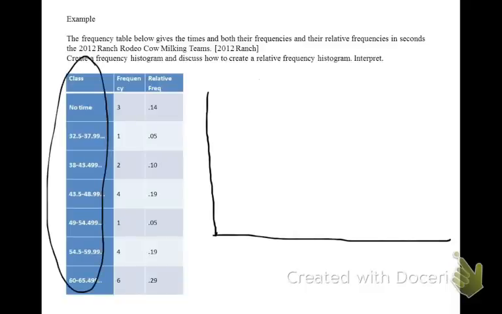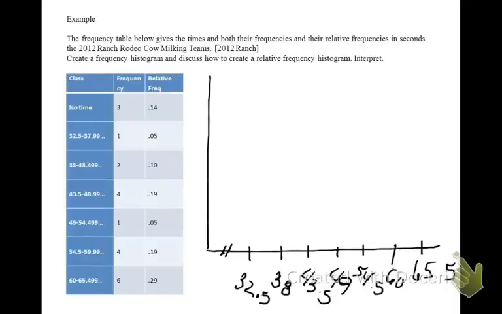Notice that the first value starts at 32 seconds. So we'll show a break in the graph and then start up at 32.5. We should also label the axis as time. Along the vertical scale, we'll write in our frequency.